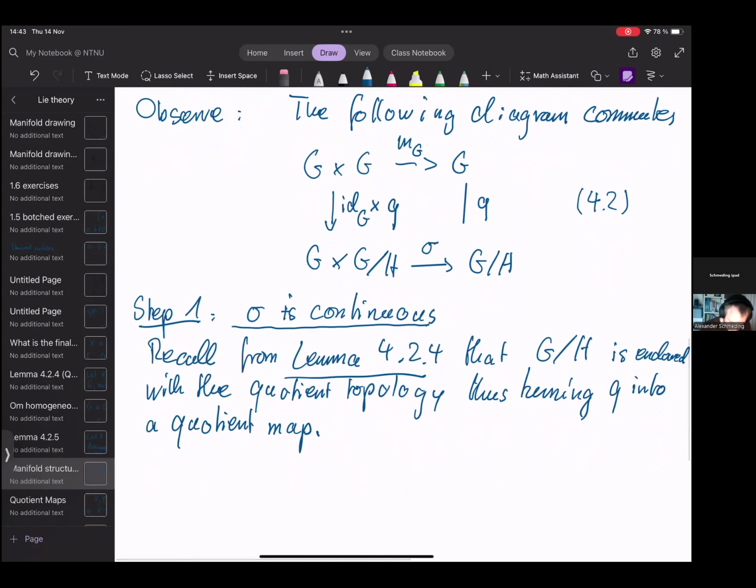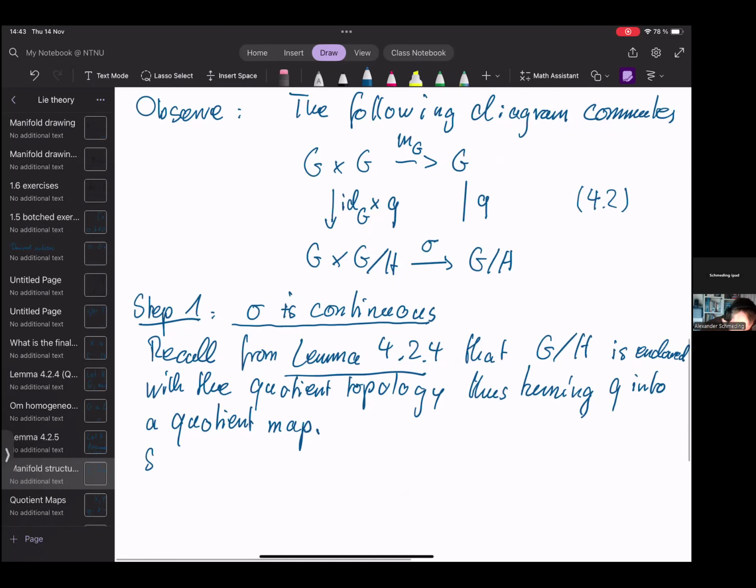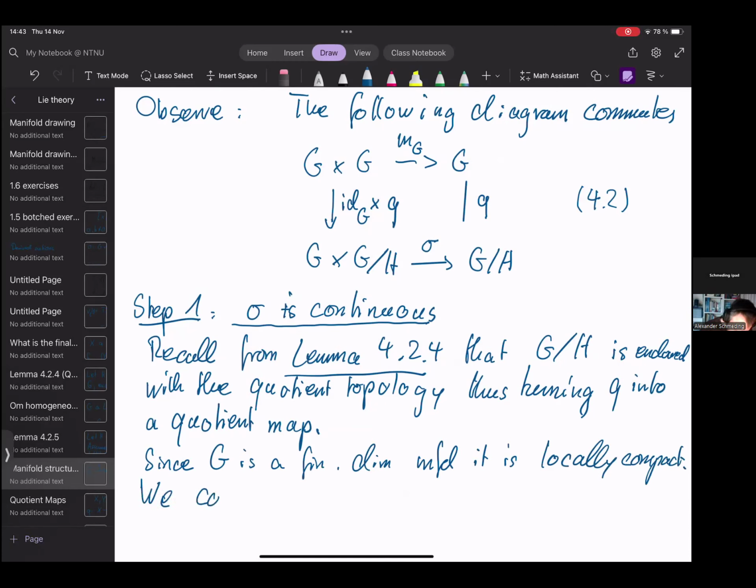So Q is a quotient map, and since G is a finite dimensional manifold, it is locally compact. And this is important because we can now apply Whitehead's lemma.